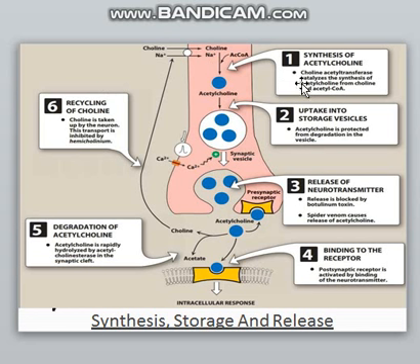Starting with the synthesis of acetylcholine, first choline is taken up into the nerve terminal, where it attaches to acetyl coenzyme A in the presence of the enzyme choline acetyltransferase, and thus forms acetylcholine.